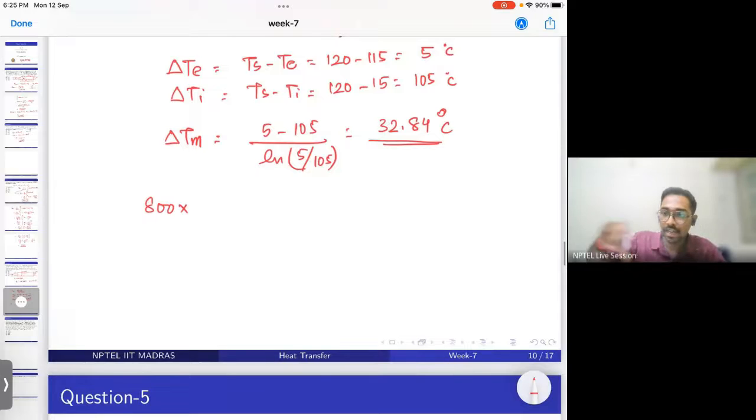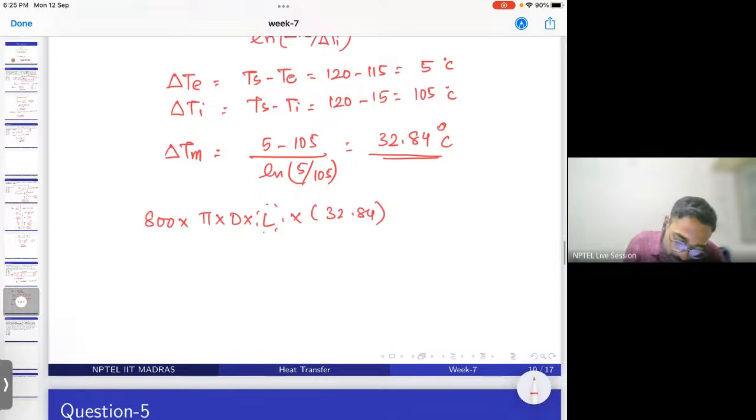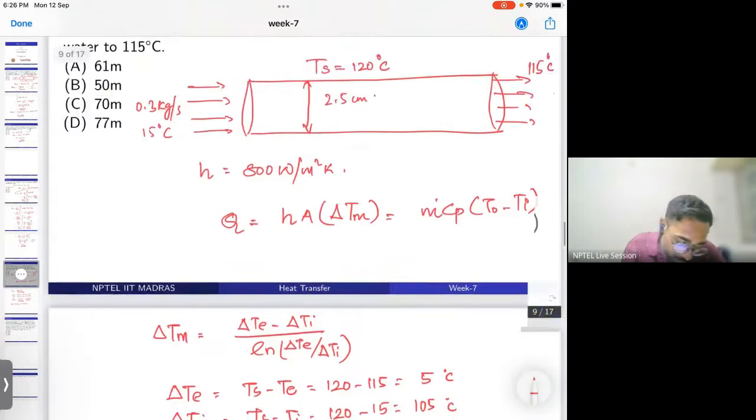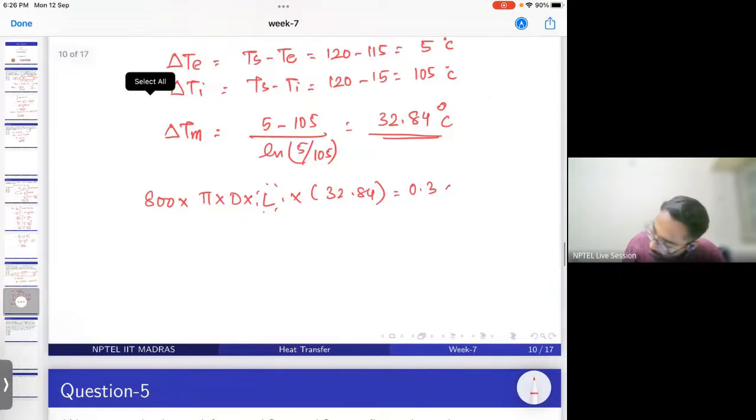Then what is the area of heat transfer? That is the perimeter, pi into d, into the length, which we need to find out. Into 32.84 should be equal to 0.3 times specific heat times 115 minus 50.